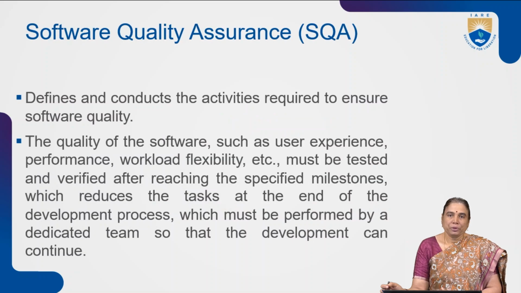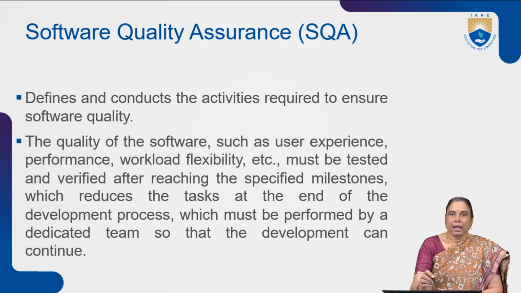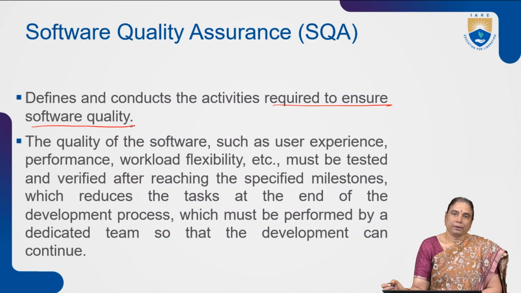Software quality assurance is another umbrella activity which defines and conducts the activities required to ensure software quality. Whether all requirements specified by the customer are satisfied by the development process is verified with the help of SQA activities.